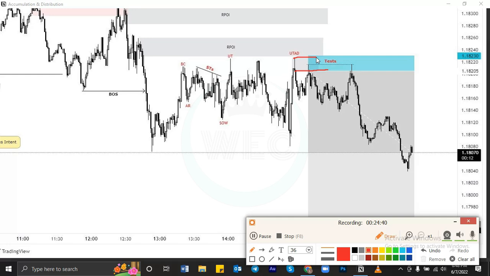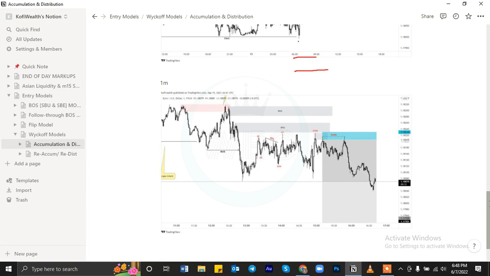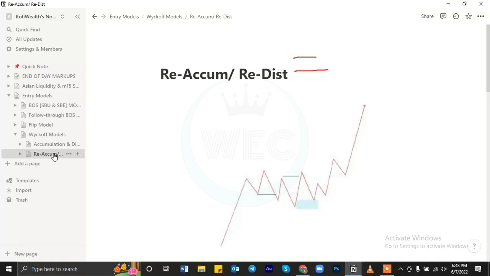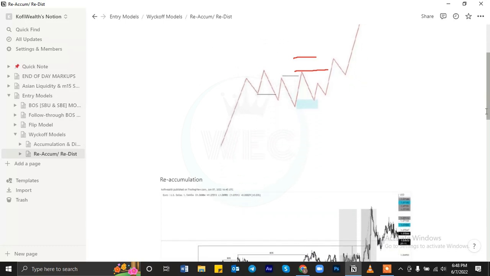If you flip it upside down, it's going to be an accumulation. I'm not touching on the accumulation model because it's just the flip side of whatever is happening here. Okay, so in here we can also have another entry, and this is based off reaccumulation and redistribution.